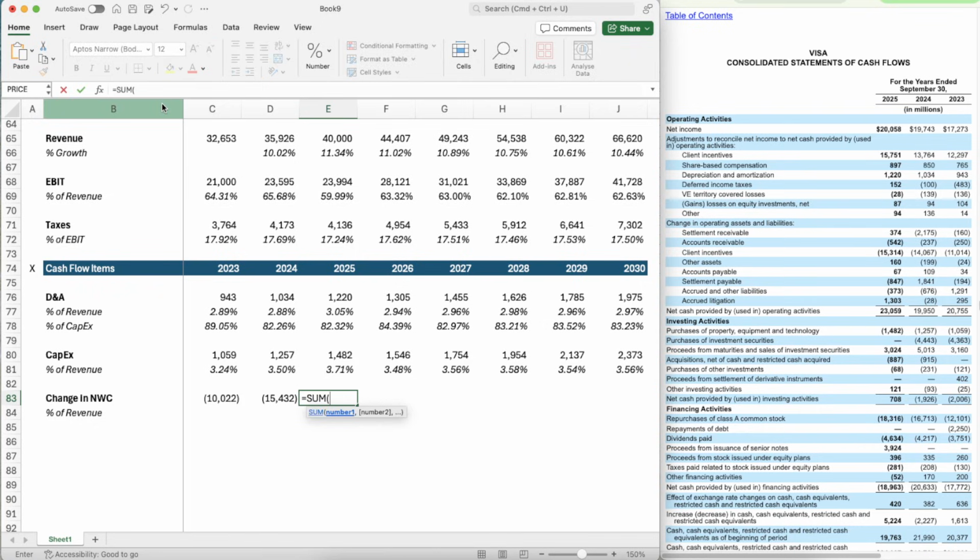Equals sum 374, minus 542, 314, 7, 847, 3.